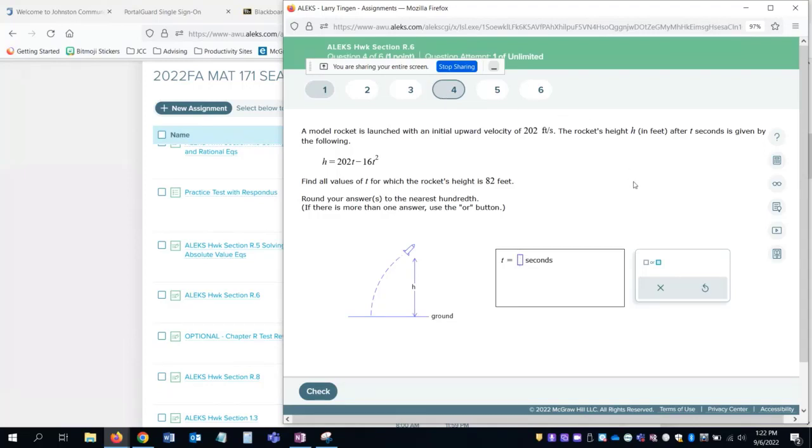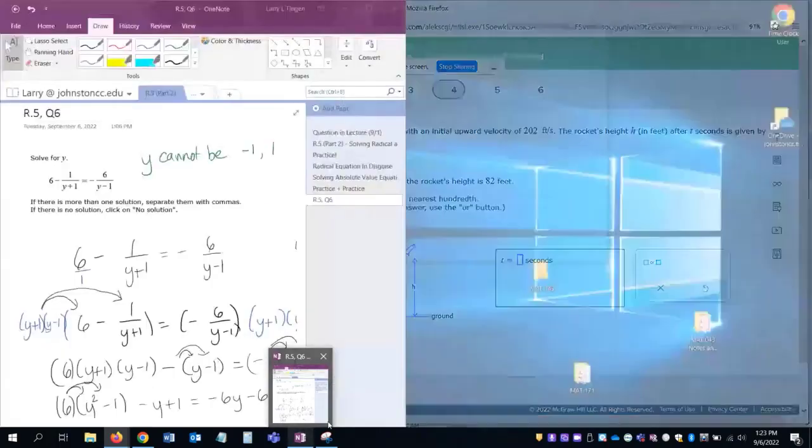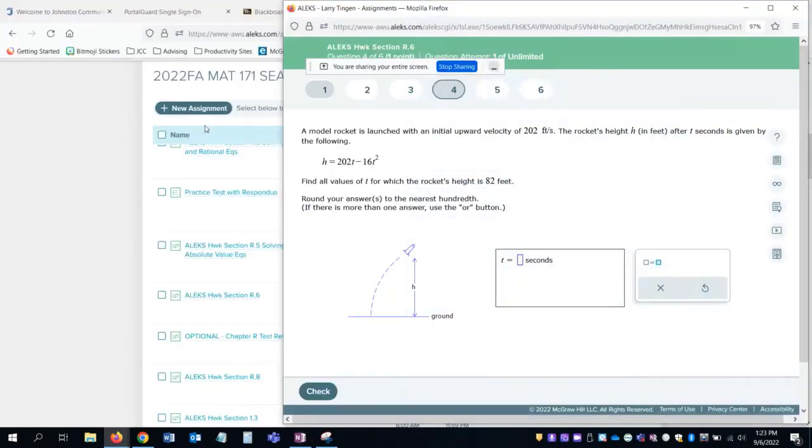Okay. A model rocket is launched with an initial upward velocity of 202 feet per second. The rocket's height h after t seconds is given by the following. Find all the values of t for which the rocket's height is 82 feet. Round your answer to the nearest hundredth. That is possible without the absolute values.